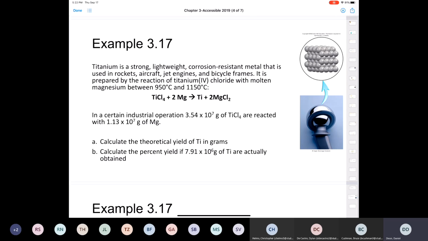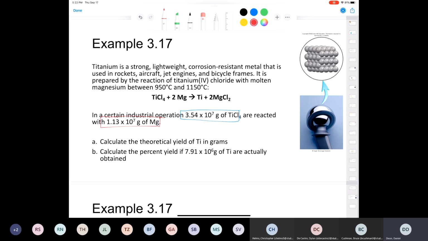In a certain industrial operation, you take 3.54 times 10 to the 7 grams of titanium chloride, and you react it with 1.13 times 10 to the 7 grams of magnesium, and you're like, that's a lot. Well, remember, it's an industrial application. And it says, calculate the theoretical yield of Ti in grams.